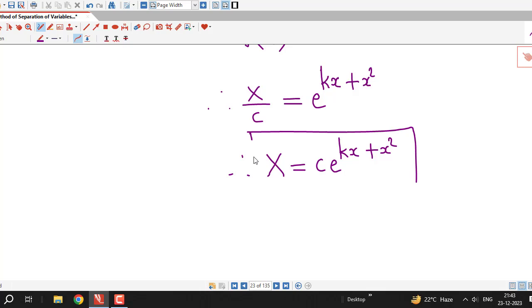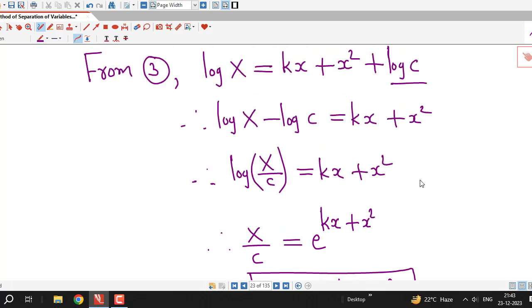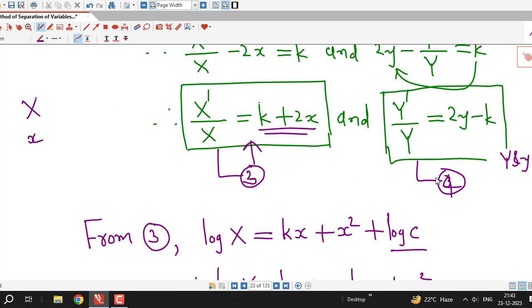This is one function in the product solution, which is capital X, and it is a function of x only. We will obtain another function capital Y by solving this first order separable ordinary differential equation. Here also we integrate both sides with respect to y.